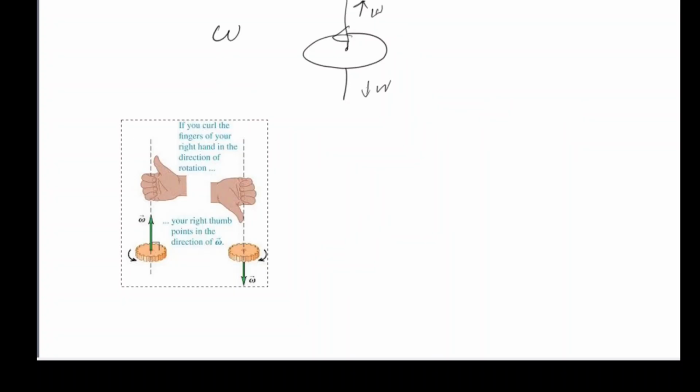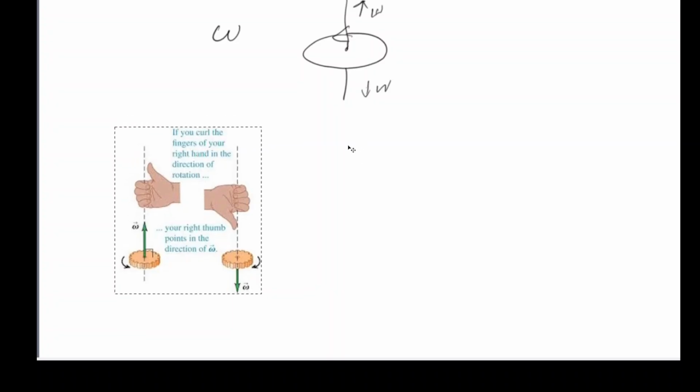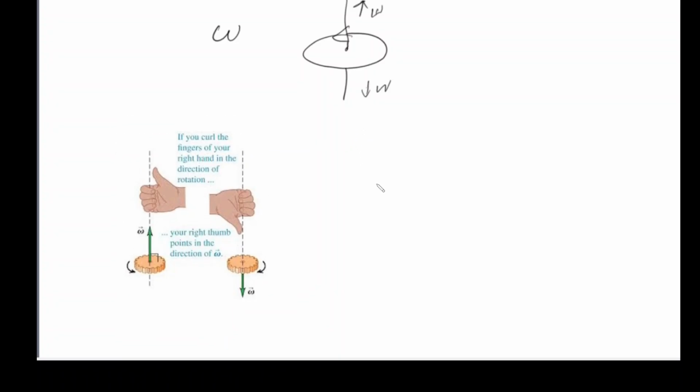So from this diagram, you can see the right-hand rule determines the direction of the axis of rotation. If you curl your fingers in the direction of the circular motion, your thumb points to the direction of the angular velocity. And if the direction points up, that's positive. And if the direction points down, that's negative. So this would be a positive, and that would be a negative. And note that the angular velocity vector defines the axis of rotation, not the direction of motion.